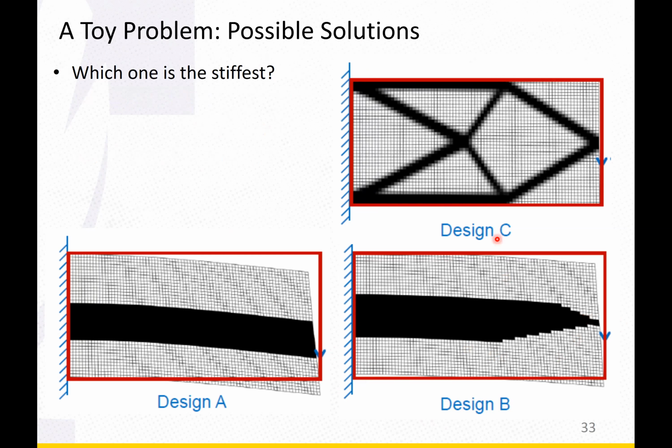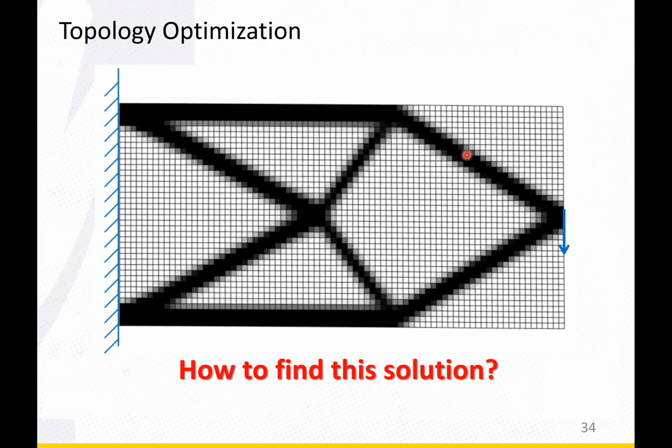All right, but you can see for design pattern C, there's almost no deformation. So it seems this one is the optimal one. But the question is how we find this solution, right? How do we find this one without checking all the possibilities?